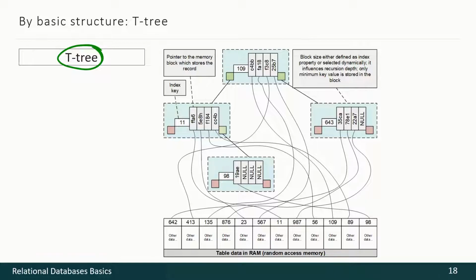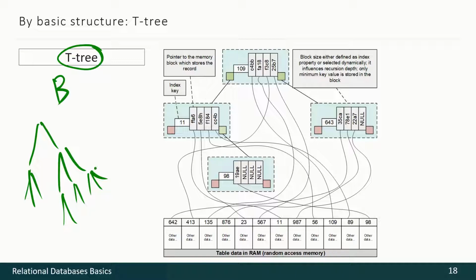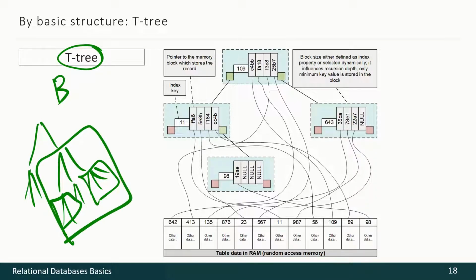T-tree indexes are the most modern version of B-tree indexes, because B-tree indexes were developed a long time ago, and the idea behind B-tree indexes is that each such block, a small or a huge one, may be stored separately on HDD and may be read into random access memory separately.